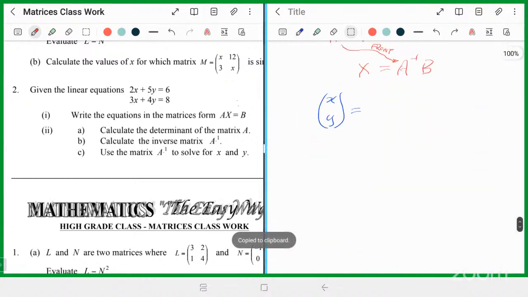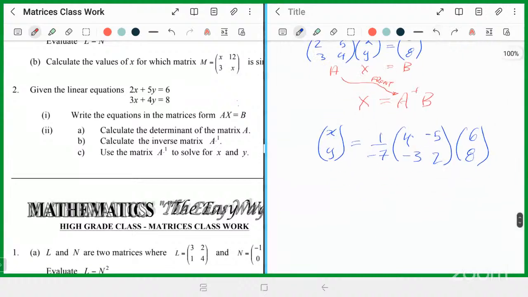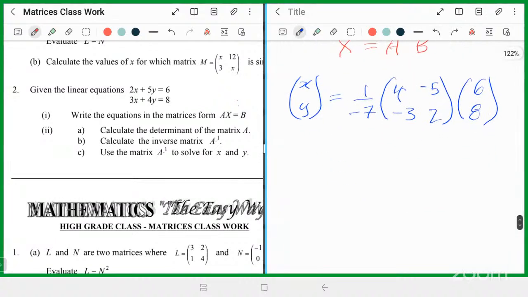I'm multiplying it by this B, which is this matrix, 6, 8. You generally do the calculation here first and leave the fraction out for last. It's easier to handle, with fewer mistakes and less tedium.